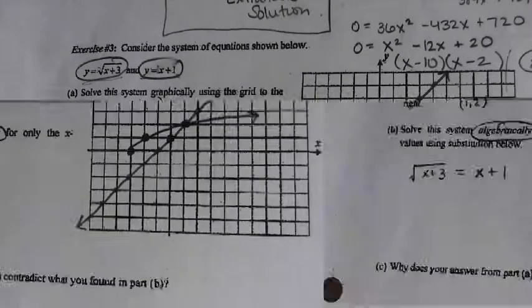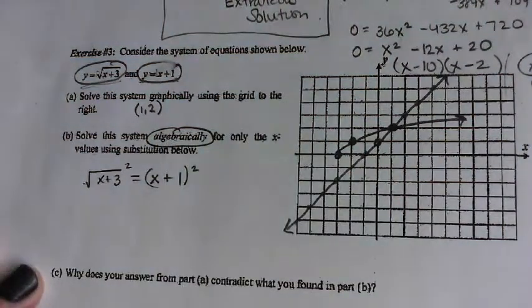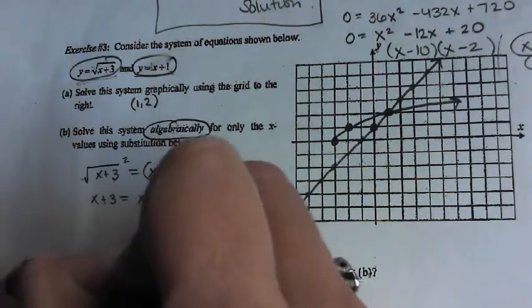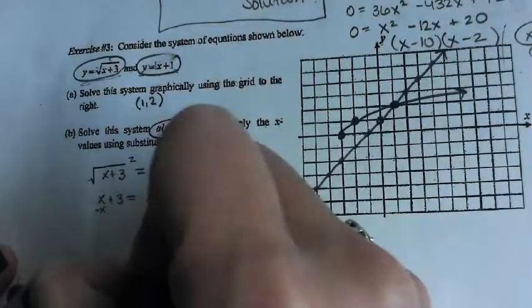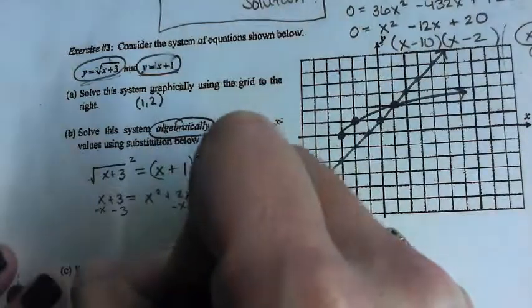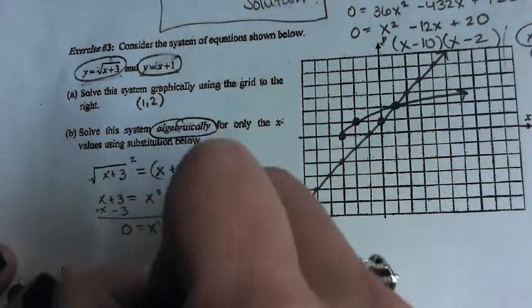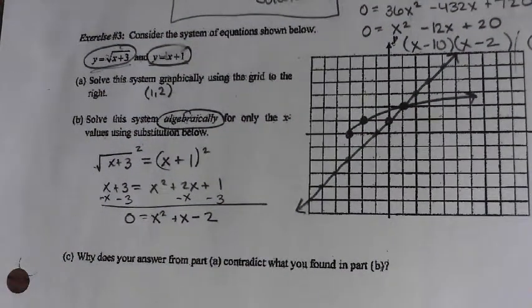Isolate the radical, done. Square both sides. Done. Solve that quadratic. So that's getting it equal to 0. Factoring.